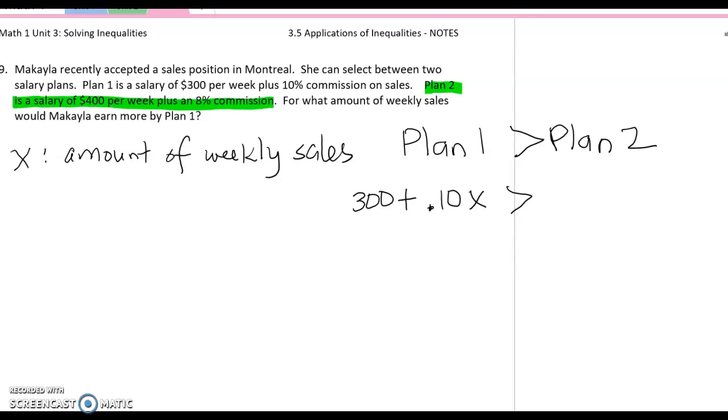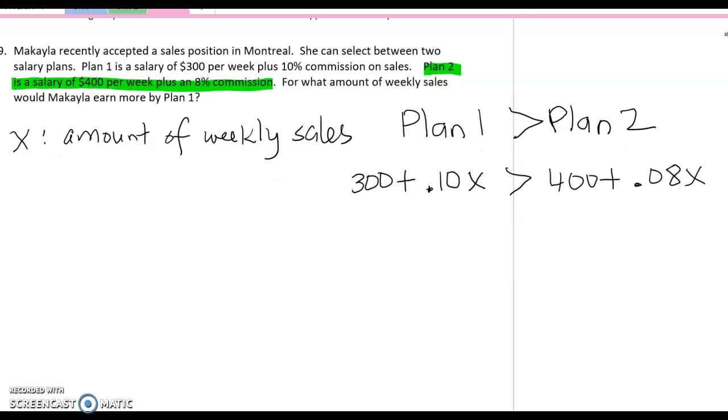Plan 2 is $400 per week plus that 8% commission on sales. So we're going to do the $400 plus 8% as a decimal, which is 0.08, multiplied by X. There's your expression representing Plan 2. So you know what to do.